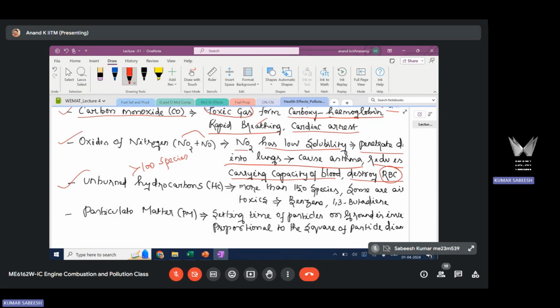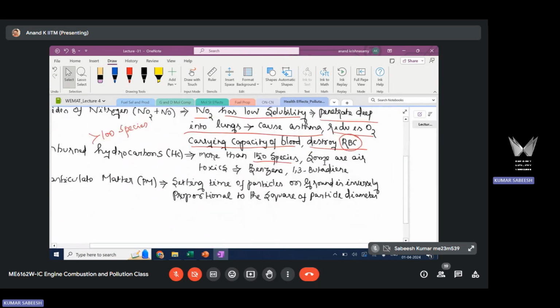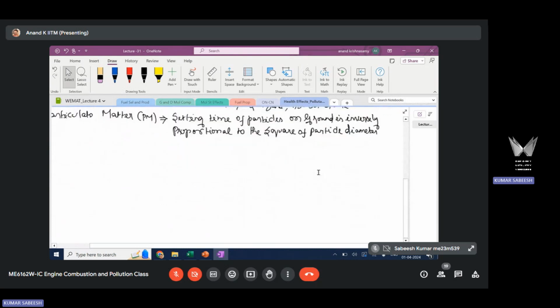So you have typically more than 150 species, as indicated here, put together as unburnt hydrocarbon. And the problem is not all these species are safe. Any species which has a benzene ring, I already said about this, has the potential to cause cancer, carcinogenic.